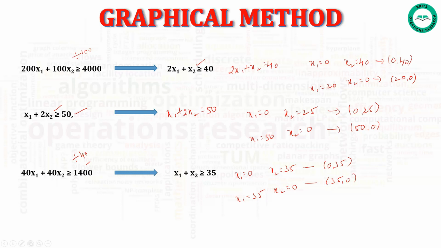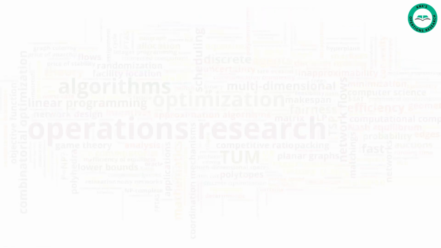Now let us plot all the coordinates in the graph. The first equation is 2x1 plus x2 greater than or equal to 40 and the coordinates are (0, 40) and (20, 0).